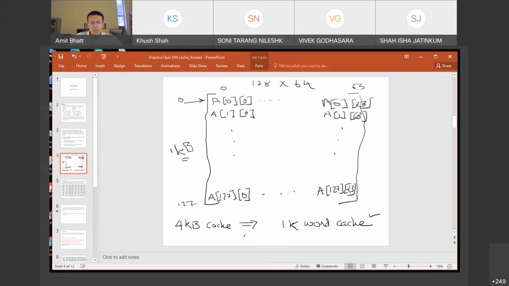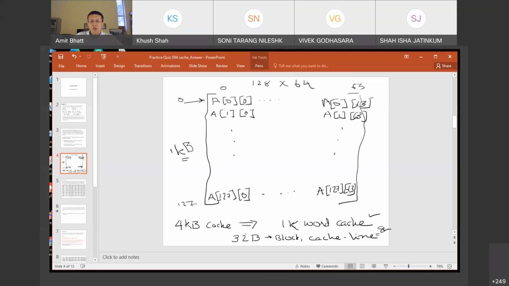And I have got a 32 byte block or cache line. Both of them are synonyms. So that means 8 words.